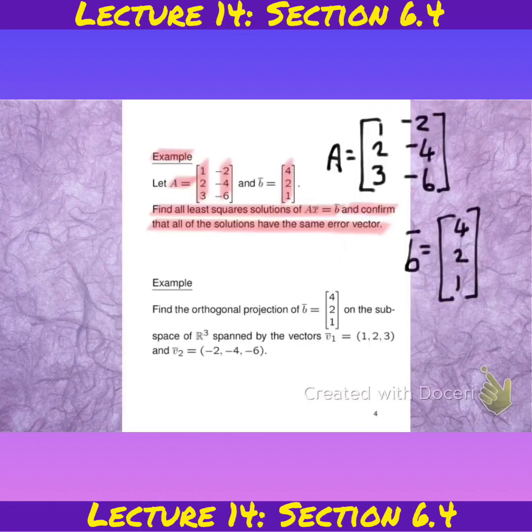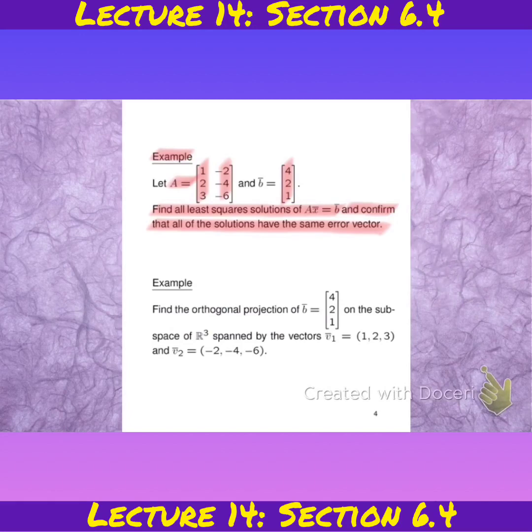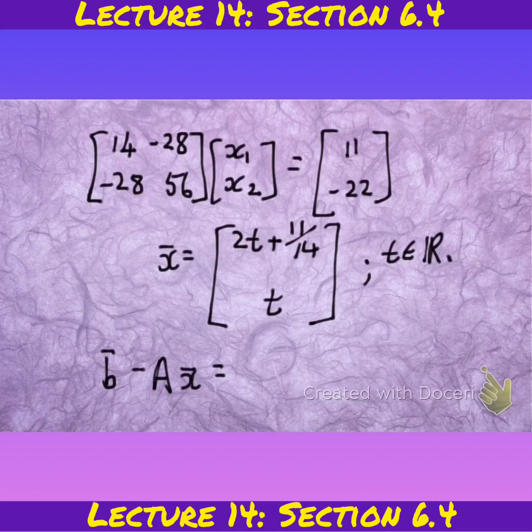Right, going back, we just need to also verify that all of the solutions have the same error vector. So we know the error vector is the vector b minus A x bar, where x bar is the general solution.